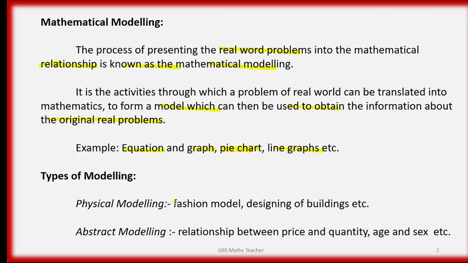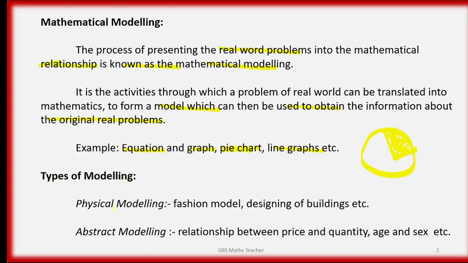Maybe your expenses are more in education, and the pie chart shows that, so we understand that your expense is more in education. So real life problems are converted and expressed in terms of a mathematical model. That's why this process is called mathematical modeling.